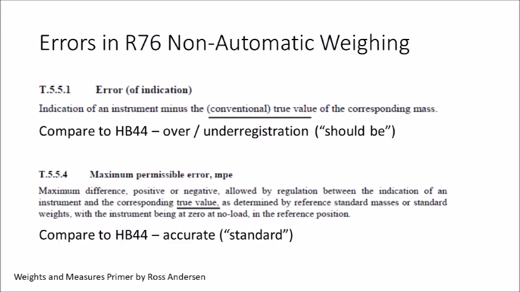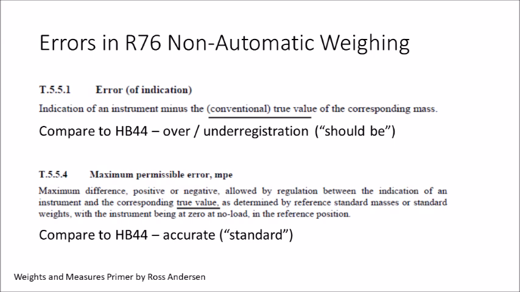So again, you see we've given this true value a name. And if we compare this to Handbook 44, the definition of over-registration and under-registration, the should-be value is now, in the VIM, this conventional true value. And if we look at the definition of accurate, this is replacing standard.